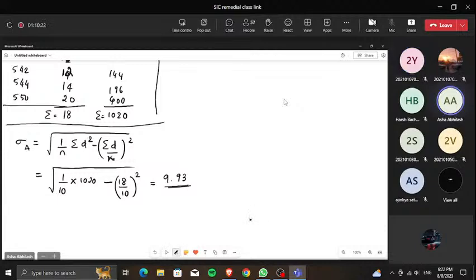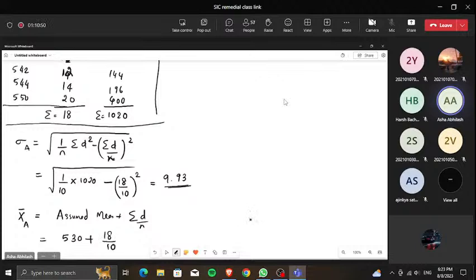So this is for the summation, standard deviation formula, and actual mean for group A, because we have used the assumed mean. So actual mean is equal to assumed mean plus summation D by N. Assumed mean we have taken is 530. Summation D is 18.